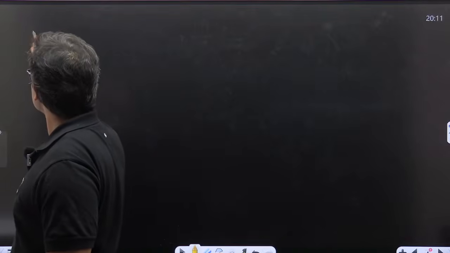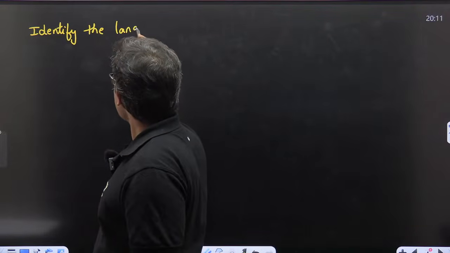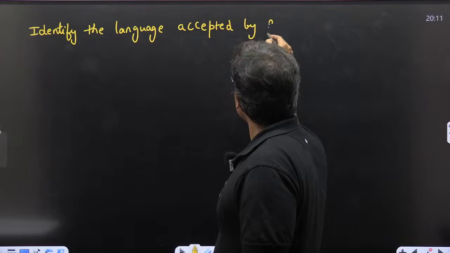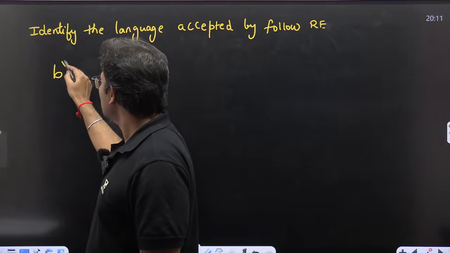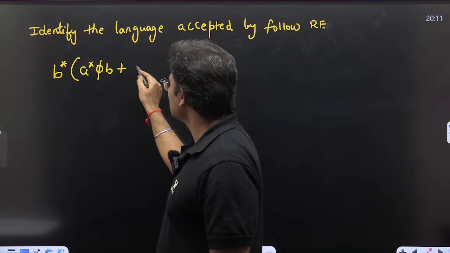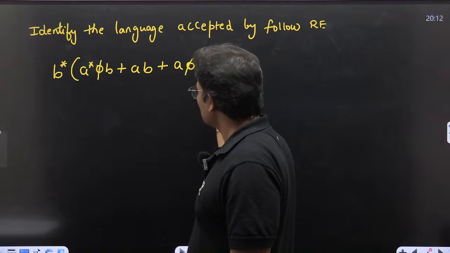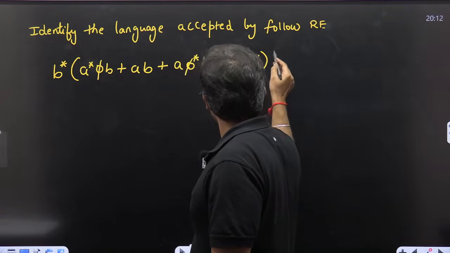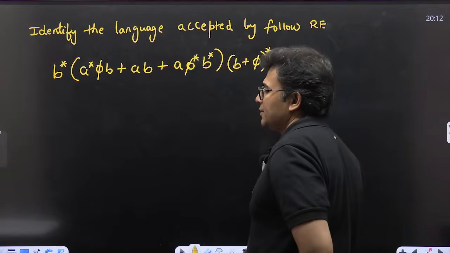Identify the language accepted by the following regular expression: b* followed by (a* phi b + ab + a phi*)(a phi* b* + b + phi)*.